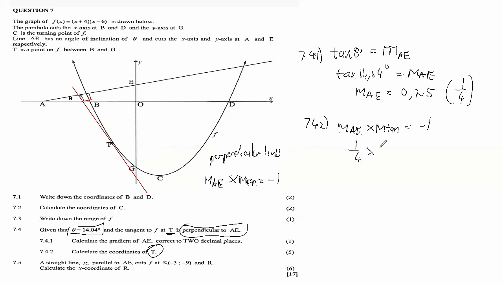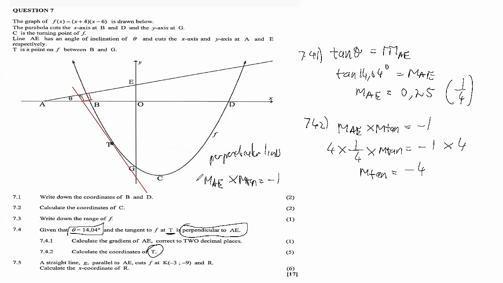This is 1/4 multiplied by the gradient of the tangent, equals -1. We multiply by 4 on both sides to get rid of the 1/4, and the gradient of the tangent is -4. But now we only have the gradient. If we wanted to find the equation of the tangent, it wouldn't be possible, because that tangent is only passing through t and is not intersecting any other visible point.